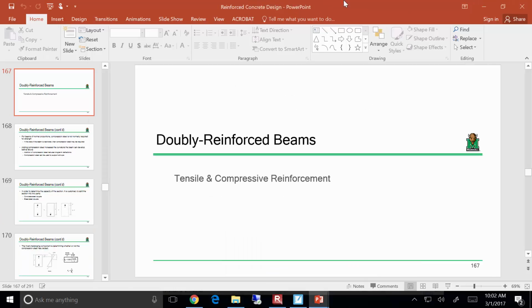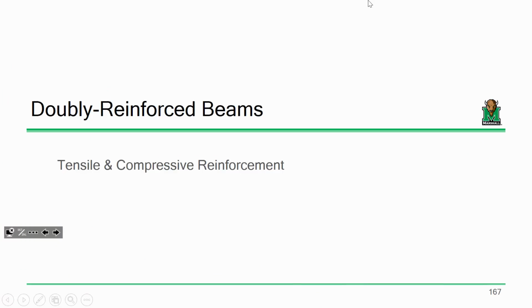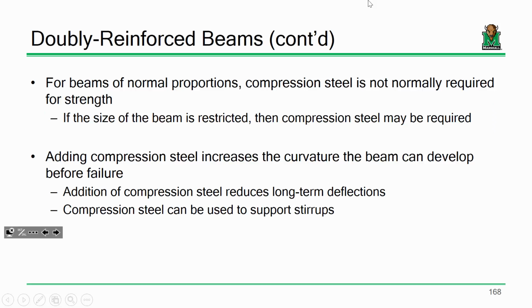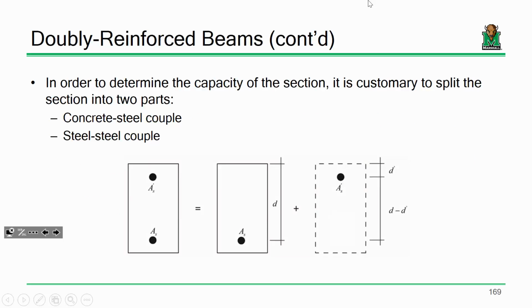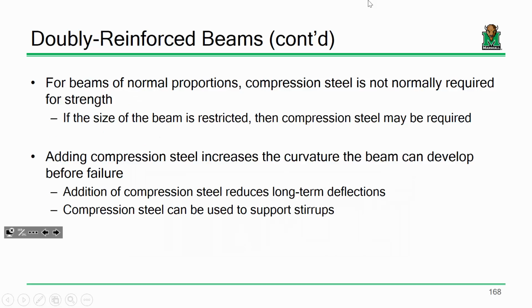Let me clear up what I mean by a doubly reinforced beam. I mean a scenario where you have steel not only in regions of tension, but in regions of compression. Now, let's be clear, for most situations, you actually don't really need steel in the compression region.